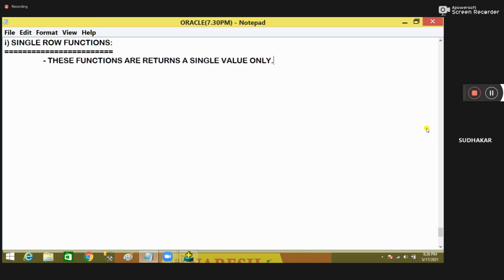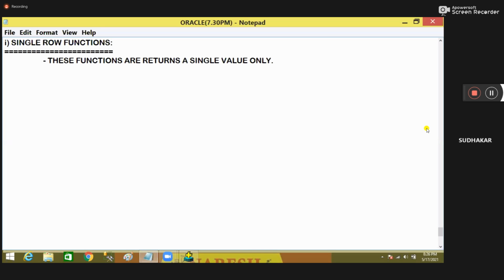Whatever single row functions there are, after accepting the values from the user and performing the operation, they return only one single value. That's why they are called single row functions.